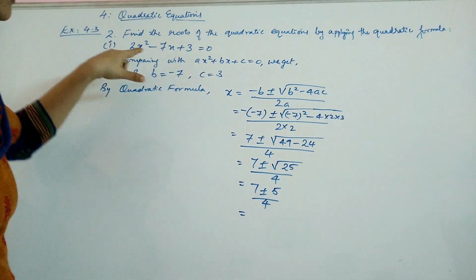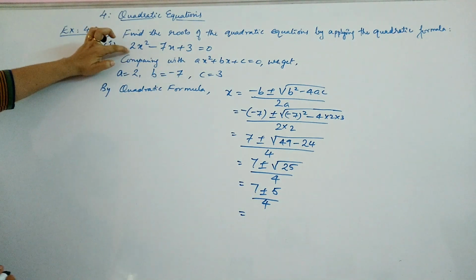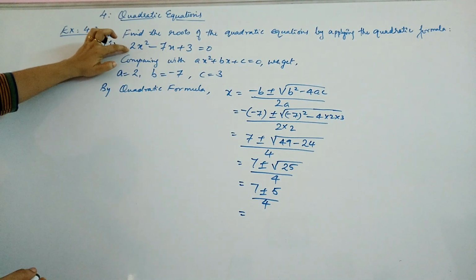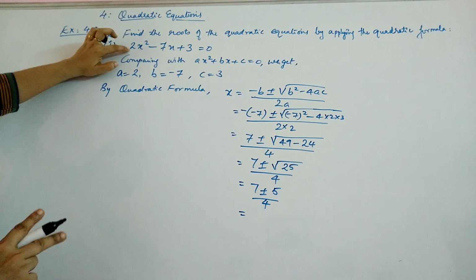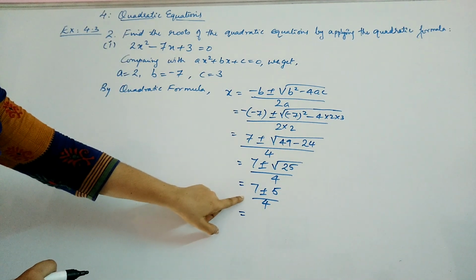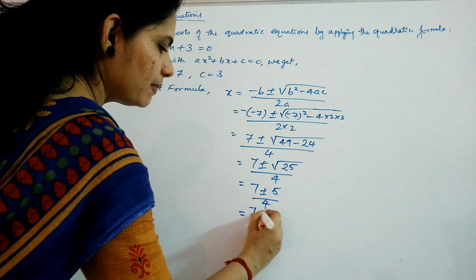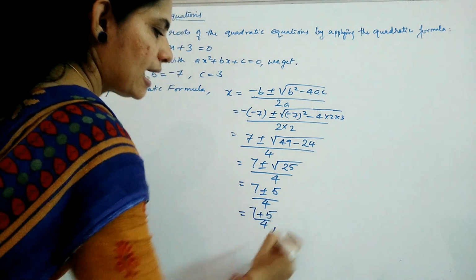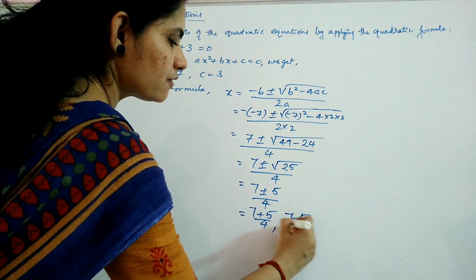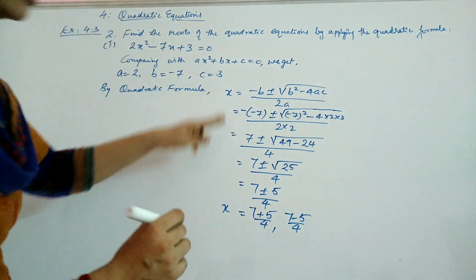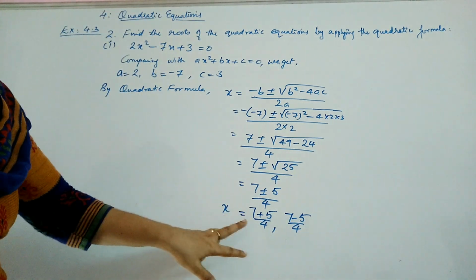The maximum number of roots for a quadratic equation is 2, so here also you are getting two values. One will be 7 plus 5 by 4 and the other one will be 7 minus 5 by 4. These are the values of x you are getting.